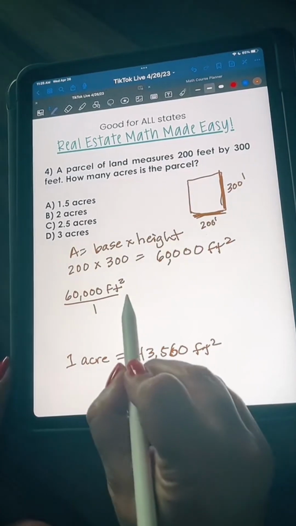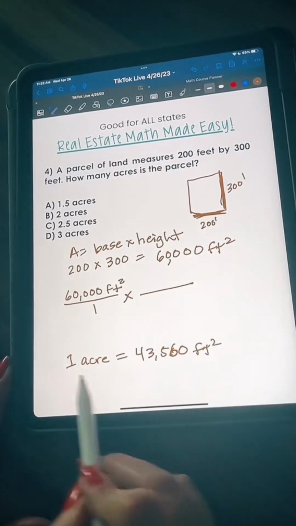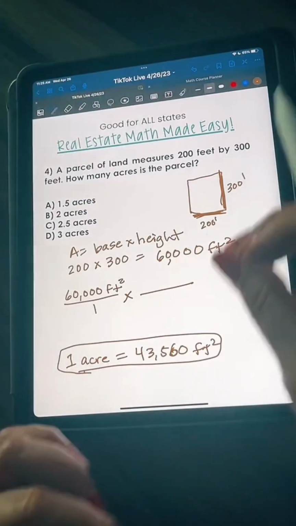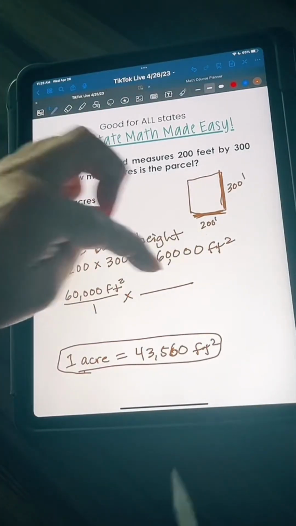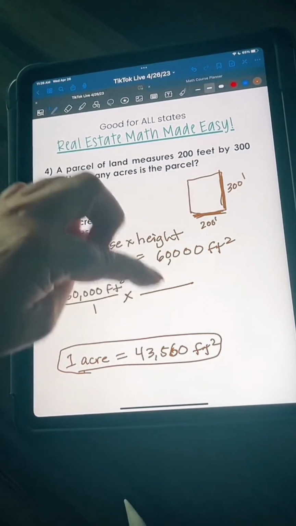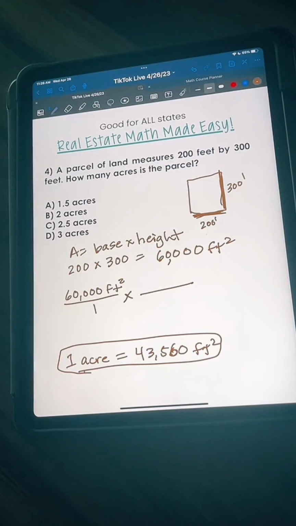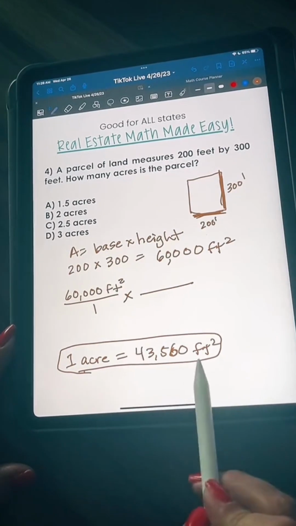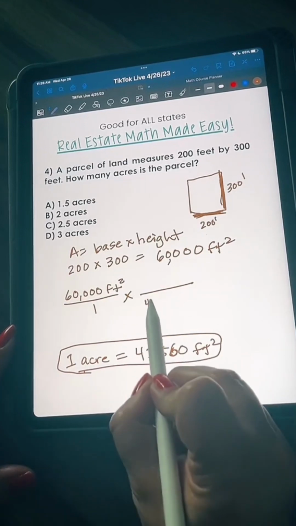Okay, so I'm going to multiply this. And because I have this ratio down here, I can put it either on the top, like 1 acre on top, or 1 acre on the bottom, depending on what I'm trying to look for. Since I'm trying to get rid of square feet, I'm going to put this here at the bottom.